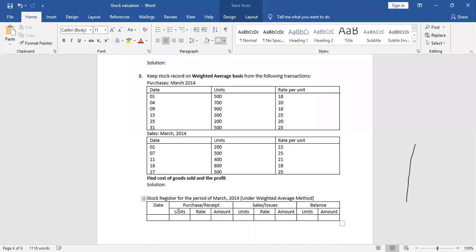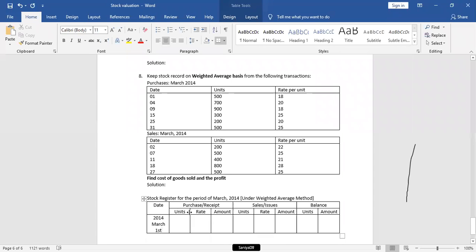Now let us go according to the date, which is the first date given, 2014 March 1st. What have we done? Is it a purchase, sale? It's a purchase, correct? First, 500 units we have purchased, and the rate is 18.